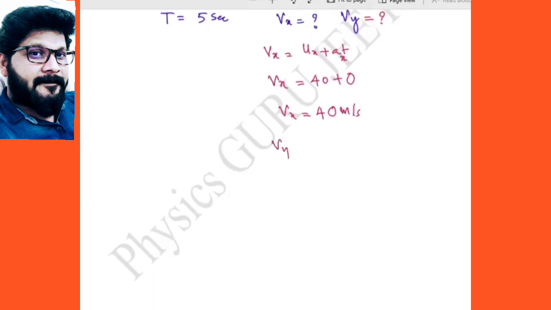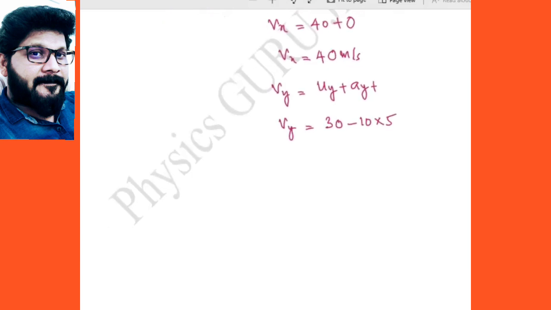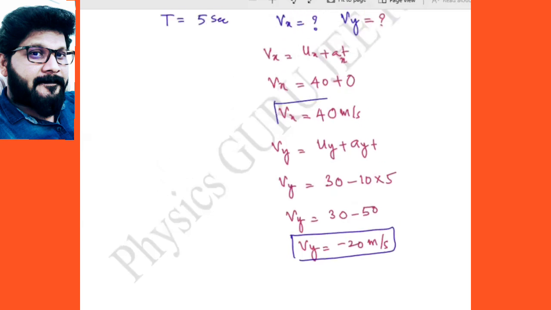Vy: Vy equals Uy plus ay into t. Uy is how much? 30, minus 10 into 5 seconds. That is nothing but Vy equals 30 minus 50, which is Vy equals minus 20 meter per second. Minus 20 meter per second. Vx remains the same.